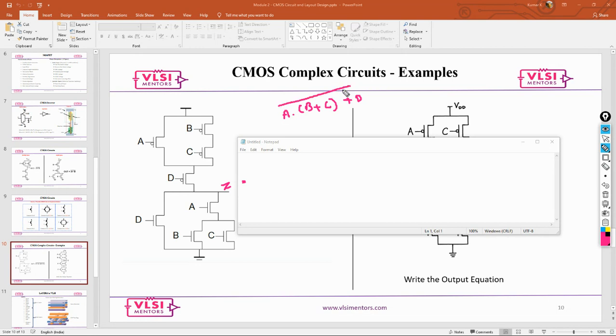Okay, so this is the one answer that I have got. Any other answers?